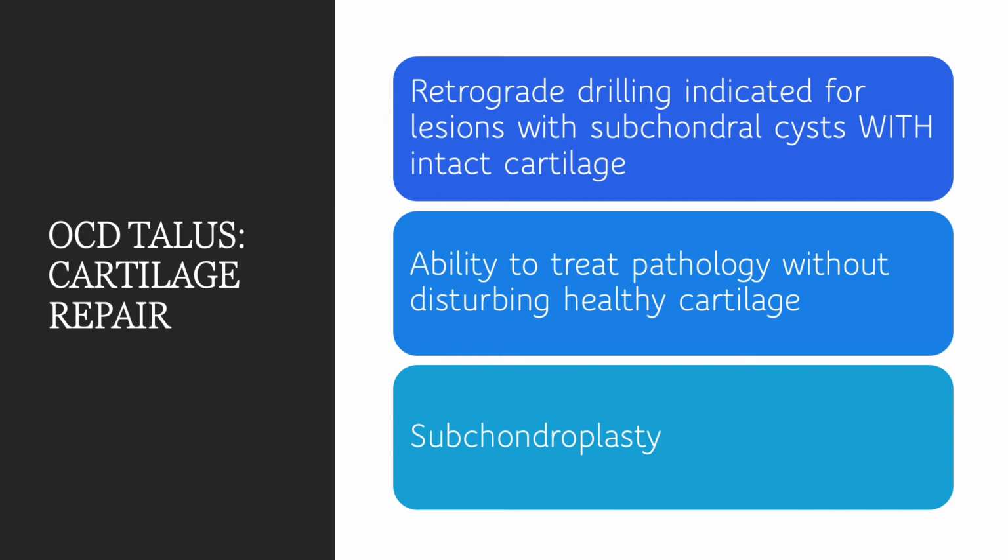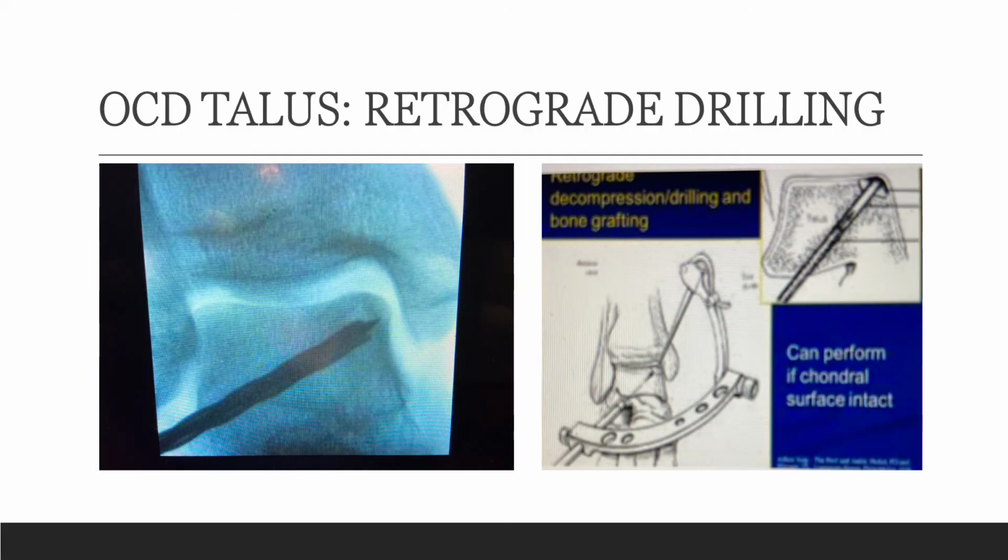Again, since I made this presentation, Sellon Perez and his group have shown some rather concerning results with subchondroplasty in the development of AVN, ultimately requiring total talus replacement. This is just an example of retrograde drilling, and retrograde drilling using a microvector here on the right side, or an ACL guide.